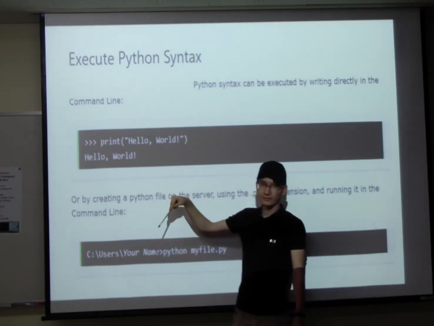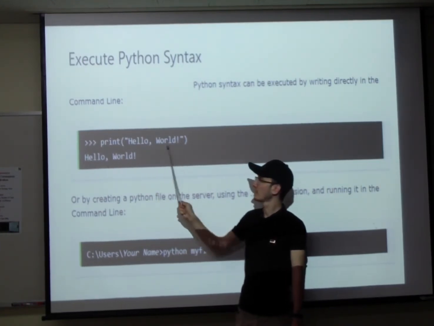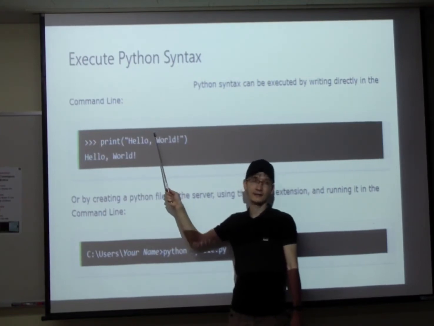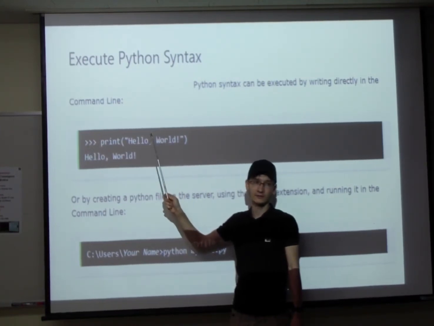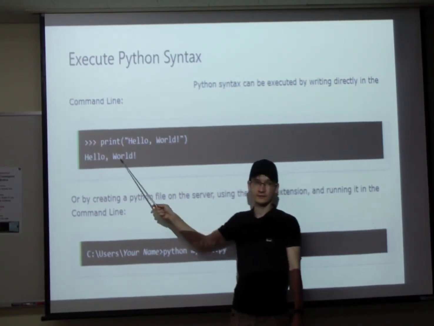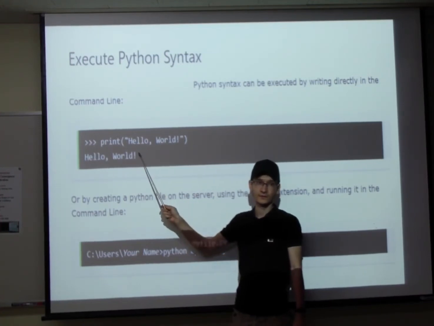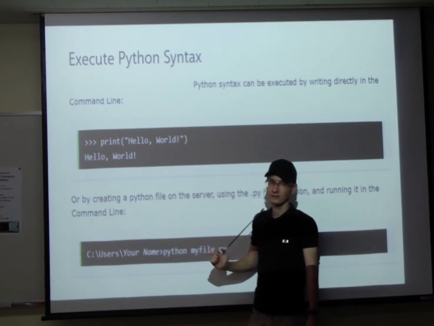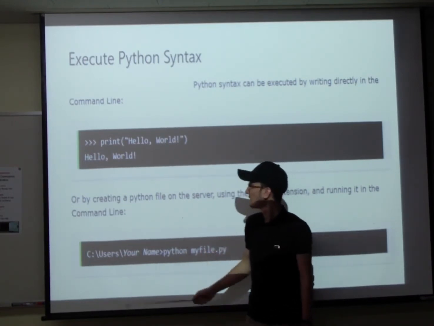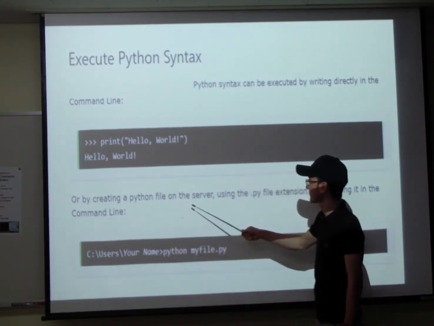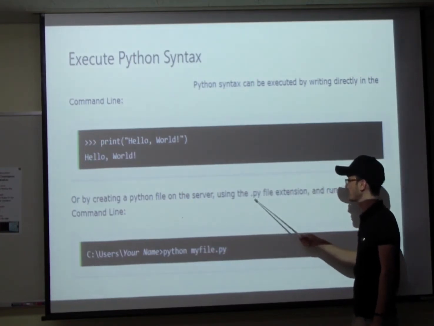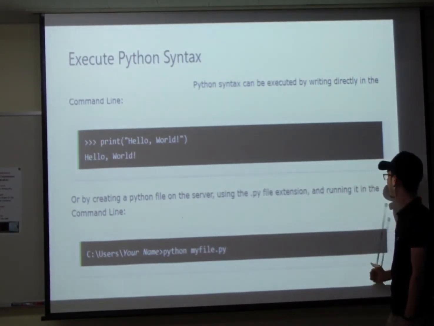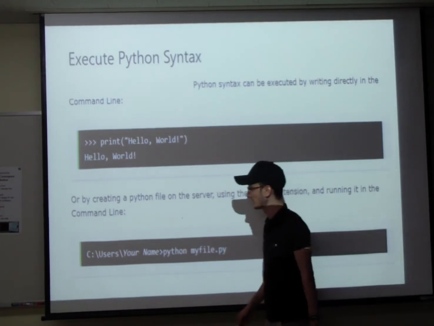And inside the black screen, if you type any function or any command, you can execute it. Or by creating a Python file on the server using the .py file extension and running it in the command line.